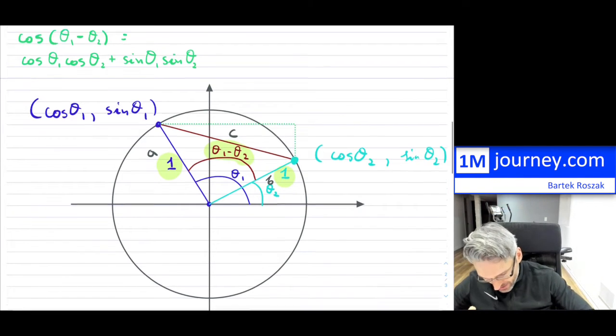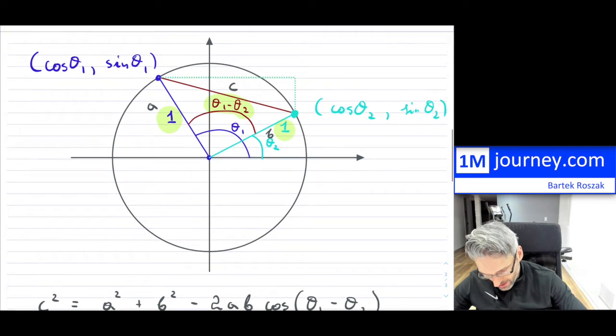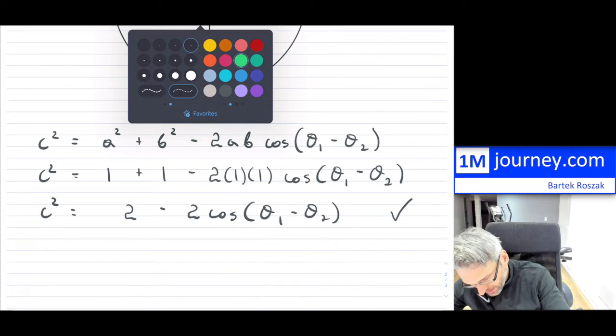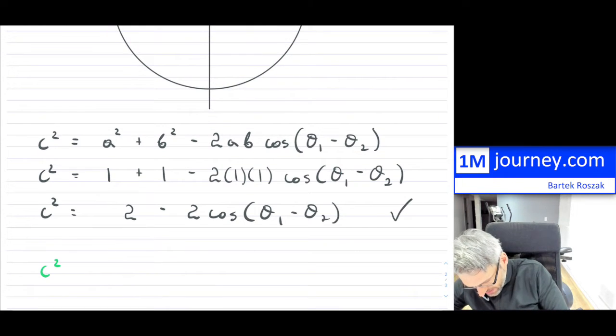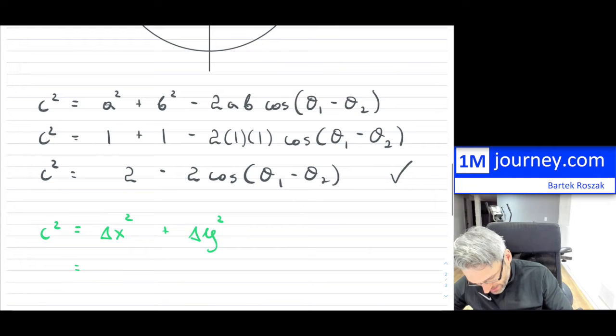So what I have here is the second thing that I can utilize, so I'm going to write it down. Because I'm using the Pythagorean theorem, c squared is the length in the x squared plus the length in the y squared. But these are just points.